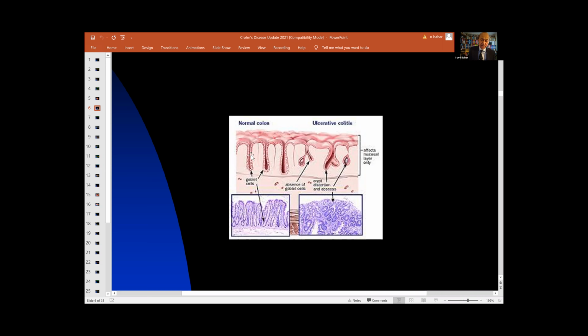Whereas they dip down into a crypt lined by goblet cells, in the case of an active inflammation of, say, ulcerative colitis or Crohn's colitis, they would be distorted and the goblet cells would be missing. And if it becomes detached from the mucosa itself, then this would be a crypt abscess.